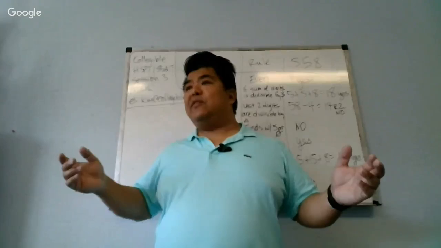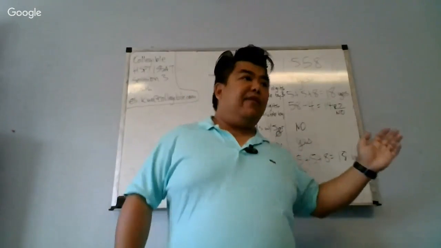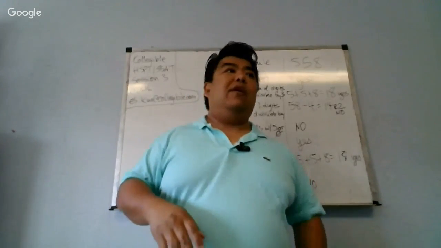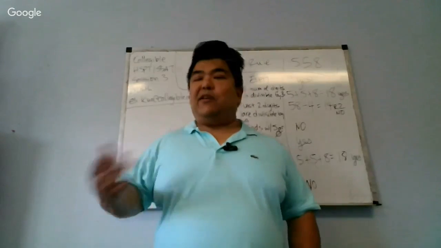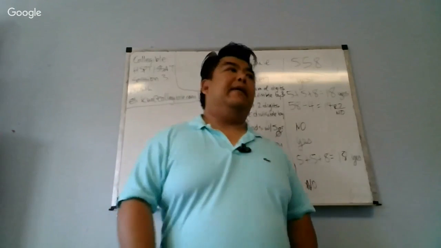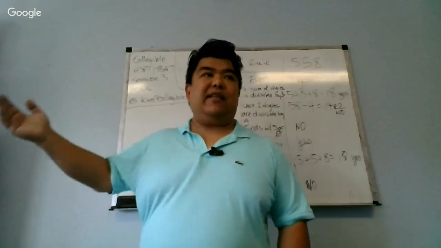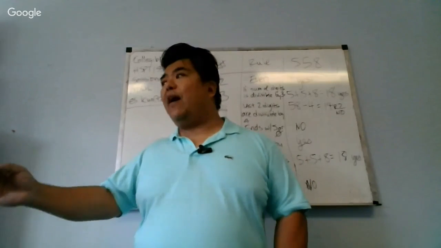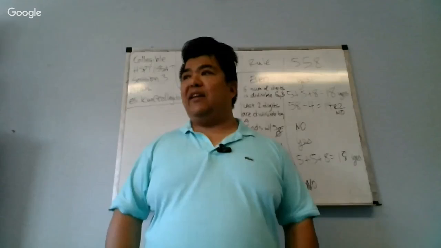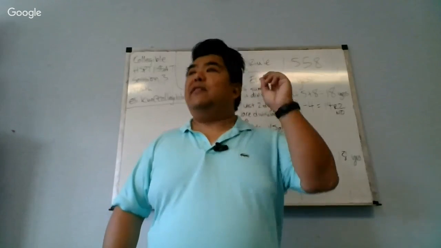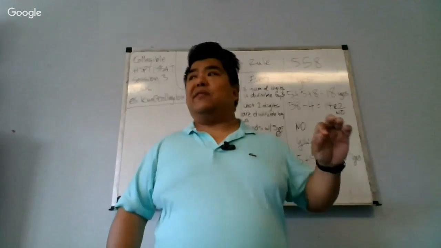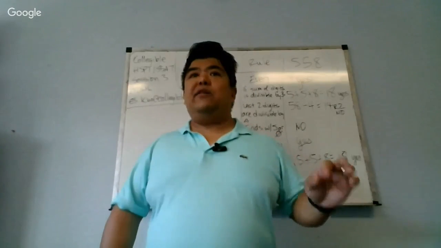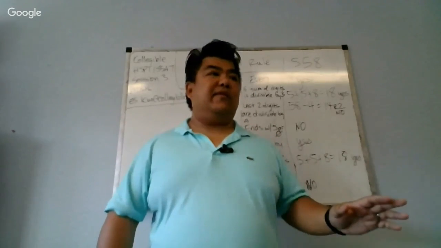So 1 is an integer, 0 is an integer, 1 billion is an integer, but 1 billion.5 is not, okay? 2.5 is not, 1/2 is not, negative 3/4 is not, okay? So no fractions, no decimals, okay?